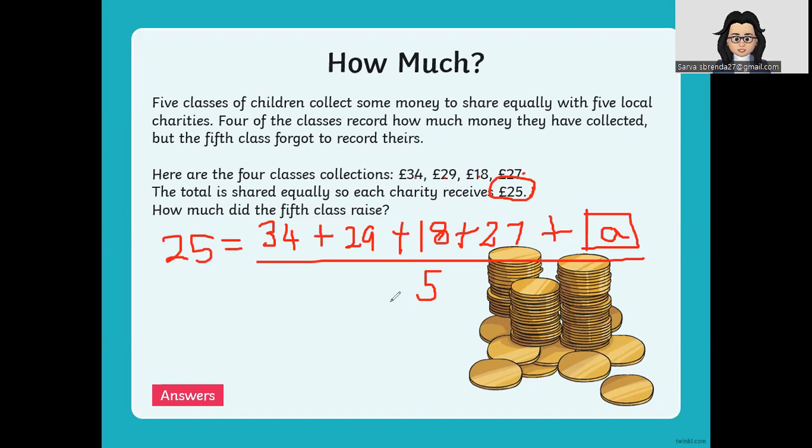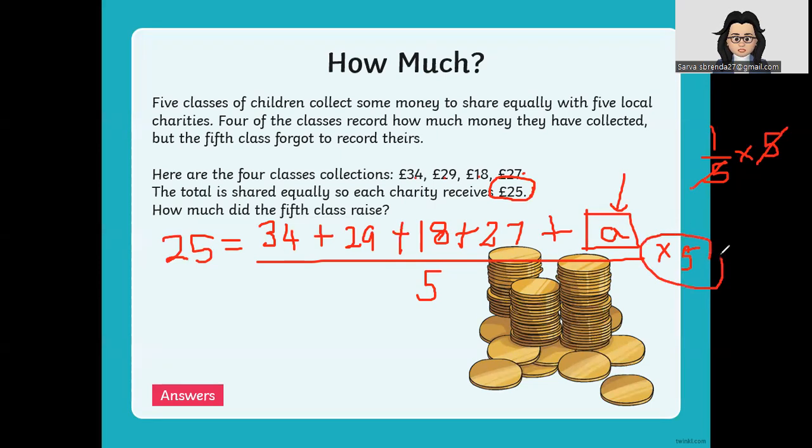Let me teach you a trick here. There is a number to be divided by 5. If I want to get rid of this 5, because I need to find my unknown, I could just times with 5. Remember when you have a fraction like 1 over 5 times with 5, it eliminates by itself.